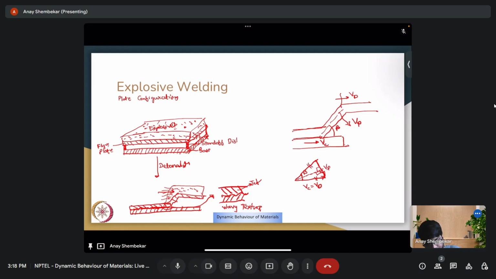Right, so for parallel configuration of welding, you have collision velocity Vc equaling detonation velocity Vd, and beta is the dynamic bend angle.